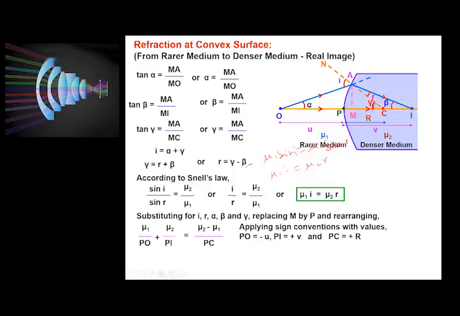Substituting minus u, v and R, you get mu1 by minus u plus mu2 by v is equal to mu2 minus mu1 by R. This equation is very easy to remember and useful for most problems.